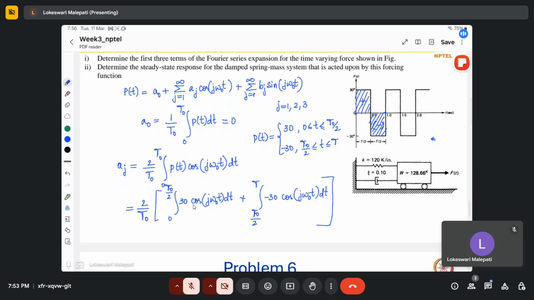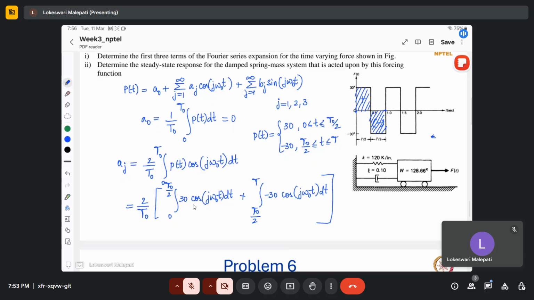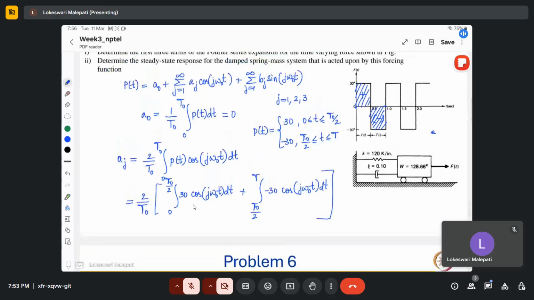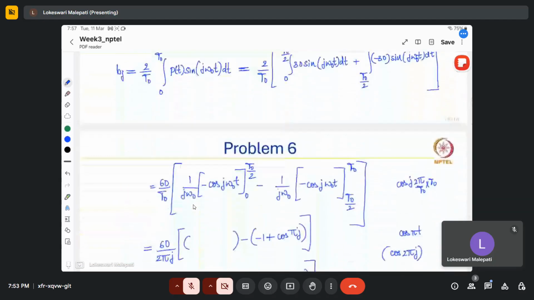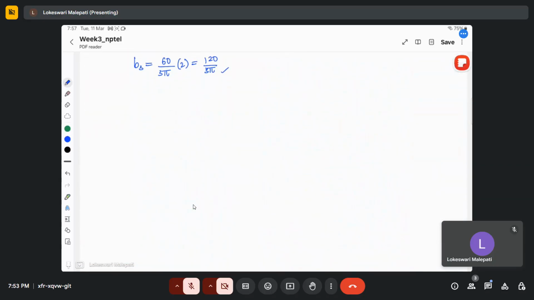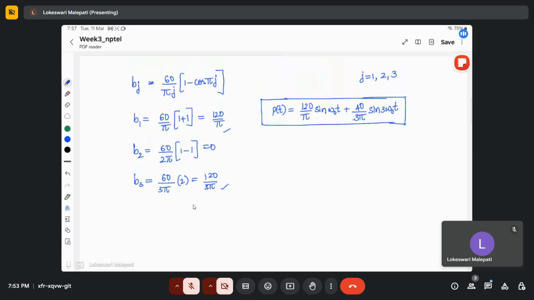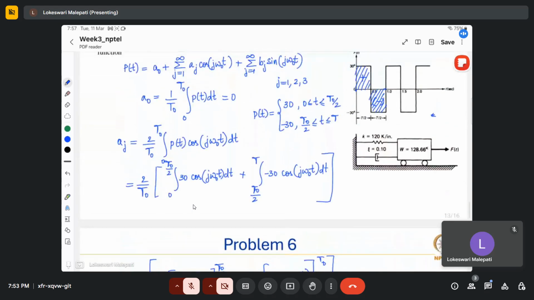Determine the steady state response for the damped spring mass system that is acted upon by this forcing function. So this is the spring mass system that they have given. For this system, when it is acted upon by this kind of periodic force, we need to find out the response. In the lectures, for this kind of excitation, the response is already derived. So we just have to substitute all the things which are given in the figure.